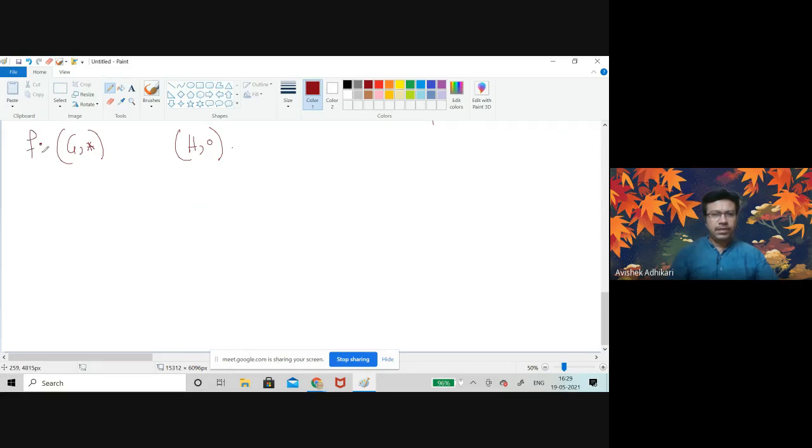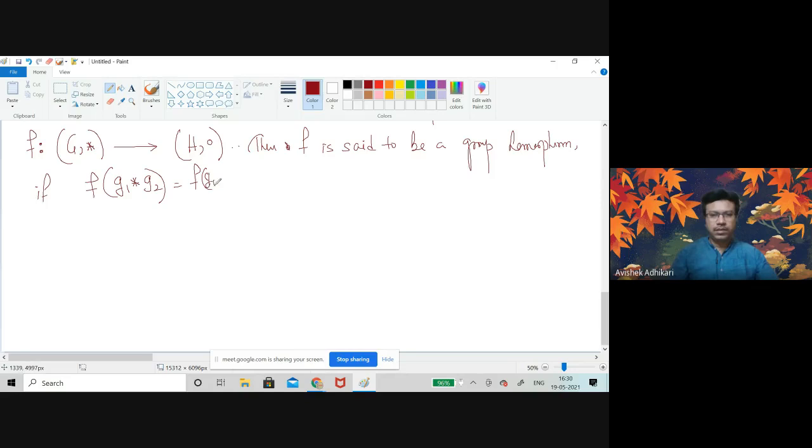F is a mapping from here to here, then F is said to be a group homomorphism if F(g1 star g2) equals F(g1) composition F(g2) for all g1, g2 belongs to G. How does it look like?